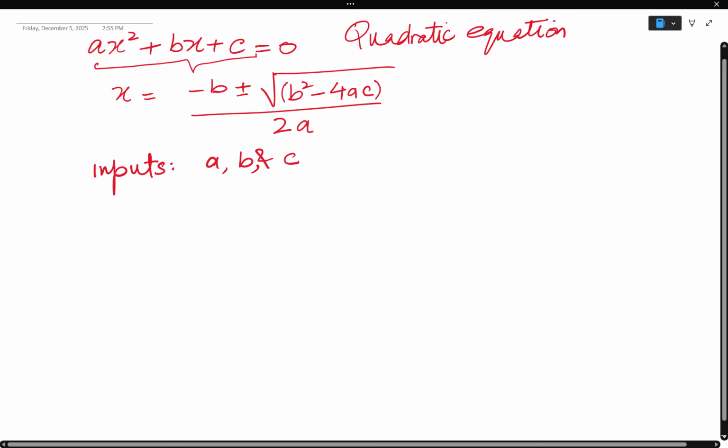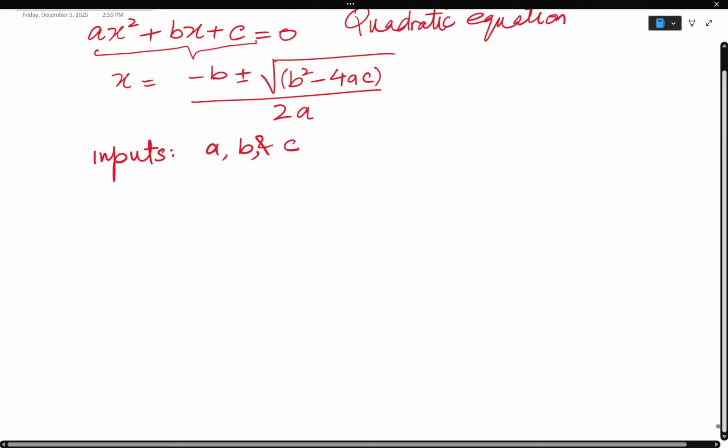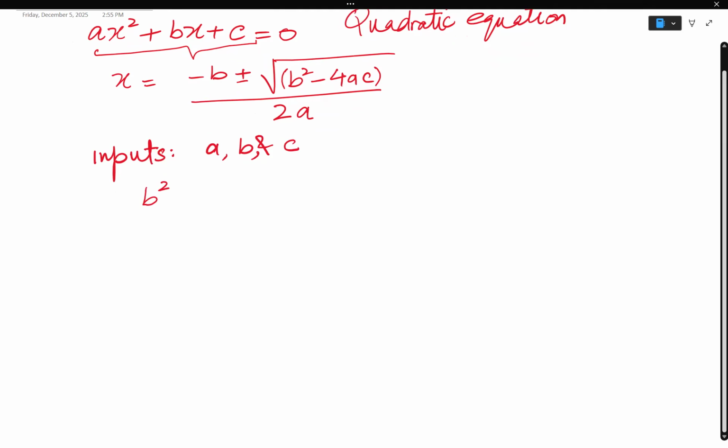Okay. So the core of the algorithm, which determines roots to be real or complex, is b squared minus 4ac. It is called the discriminant.